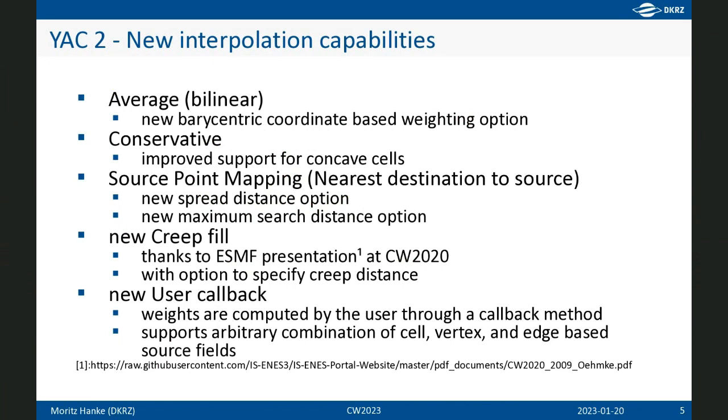The new option is the spread distance, meaning that usually with this method you map a source point to a single target point, but with the spread distance, the data is then distributed to this target point and the surrounding target points within a certain distance.